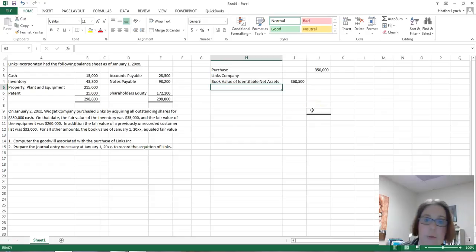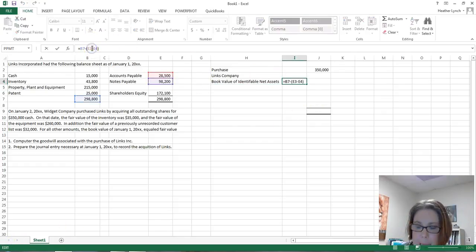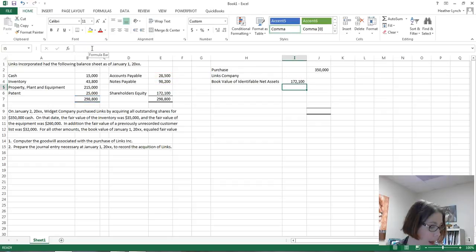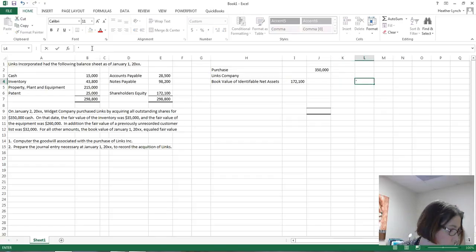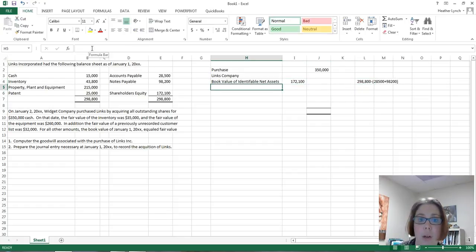So we have 172,100. That was calculated by taking the 298,800 from our assets minus the sum of the 28,500 plus 98,200. That was how we did the 172,100.